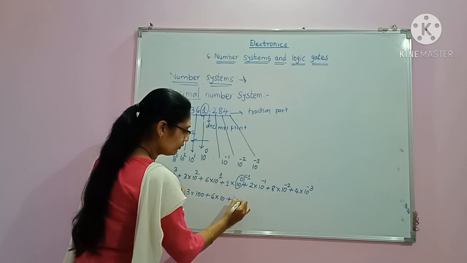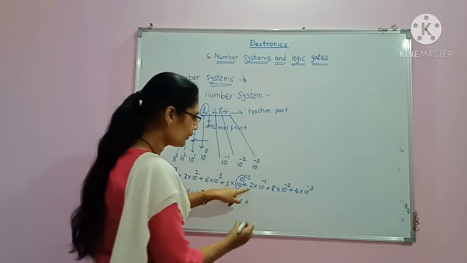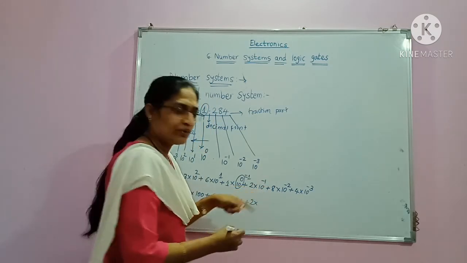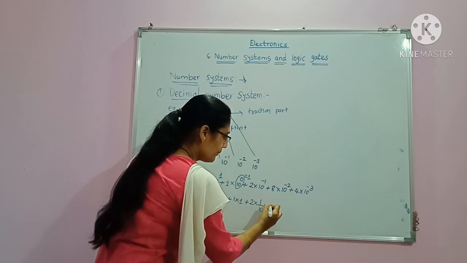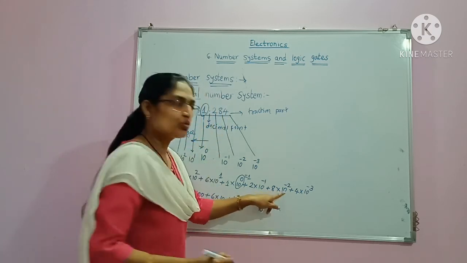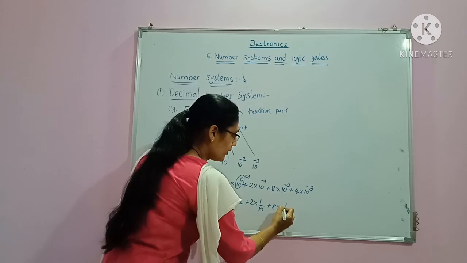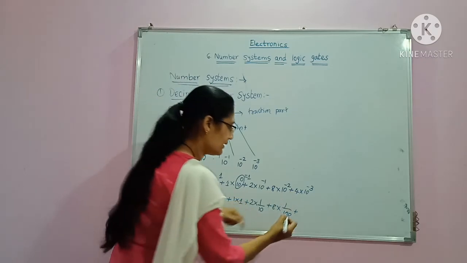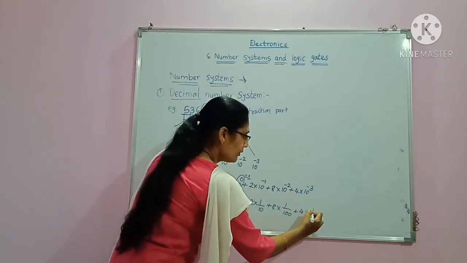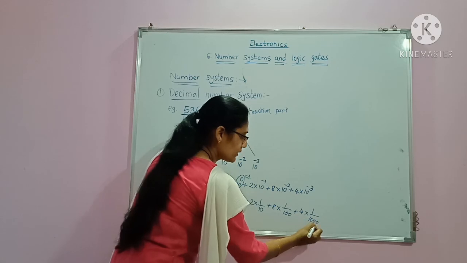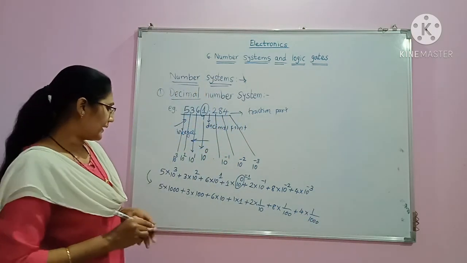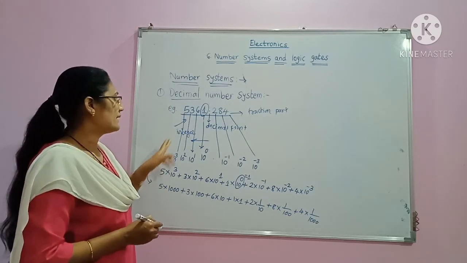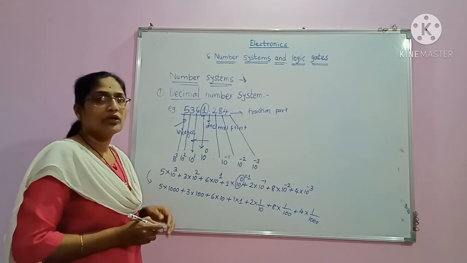So 1 into 1, plus 2 into 10 raised to minus 1. 2 into 10 raised to minus 1 means 1 upon 10, plus 8 into 10 raised to minus 2 means 1 upon 100, plus 4 into 10 raised to minus 3 means 4 into 1 upon 1000. Like that, one can write this step first or this step first and represent the given number in the decimal number system.